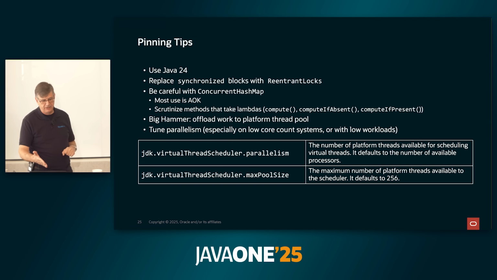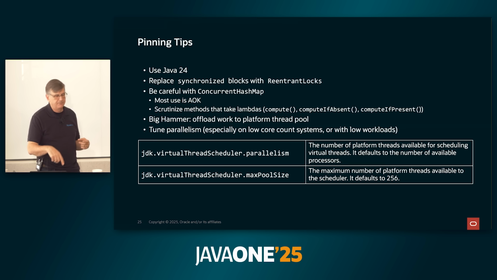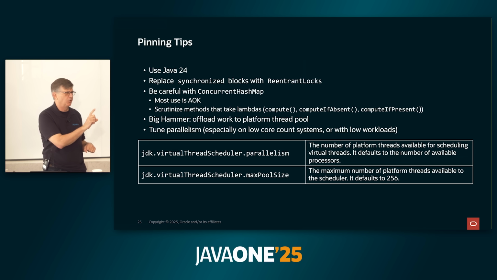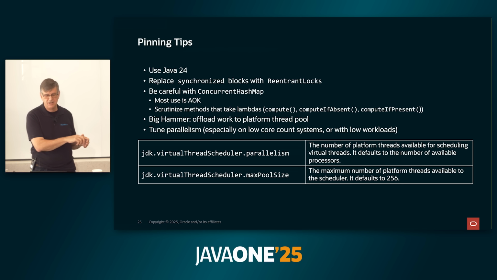And then tuning parallelism. I mentioned there's a thread pool where virtual threads are scheduled onto. You can have some control over the size of that thread pool. The parallelism sets, I think, the minimum thread size for that pool. What we have found is on very low core count VMs, you may want to bump that up a little bit. If this happens to be set to 1, you can imagine cases where that would be trouble.